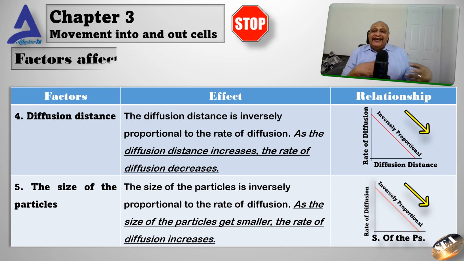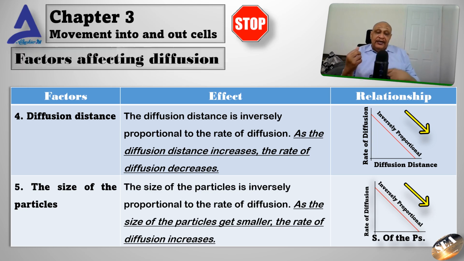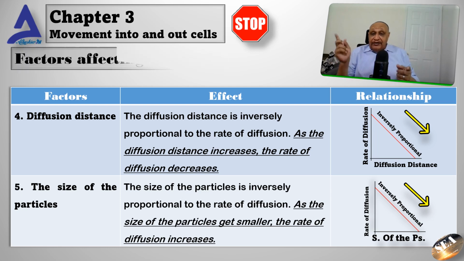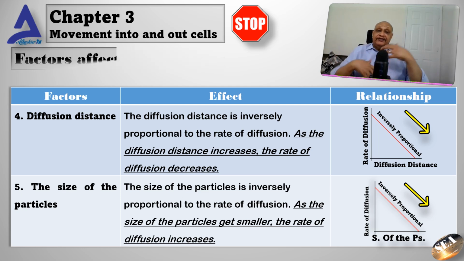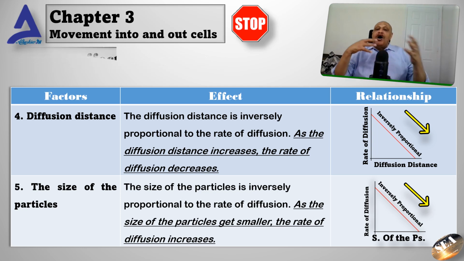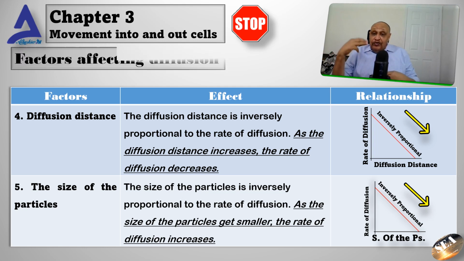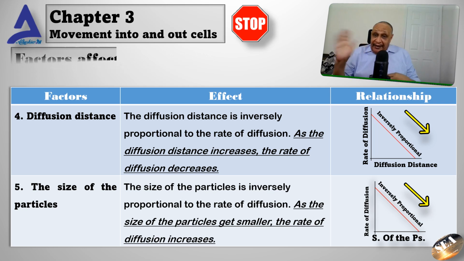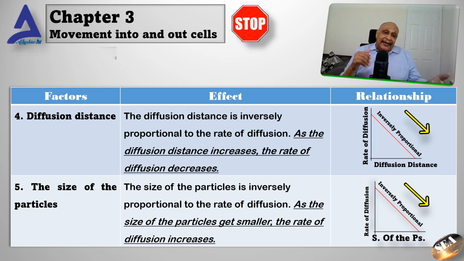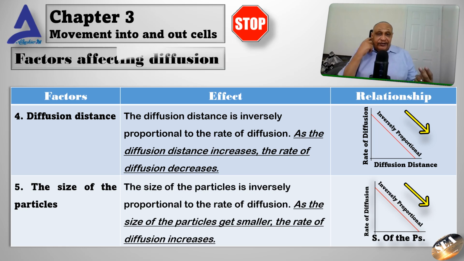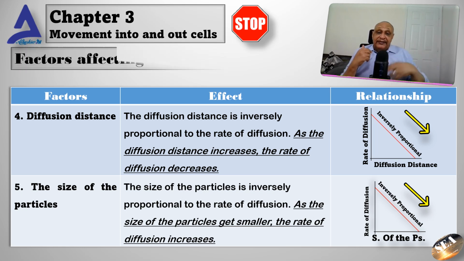That means it is a negative relationship: if you increase, I'm going to decrease, and if you decrease, I'm going to increase. It's the reverse. So we have three factors with the same direction, and two factors that have an opposite or negative relationship.